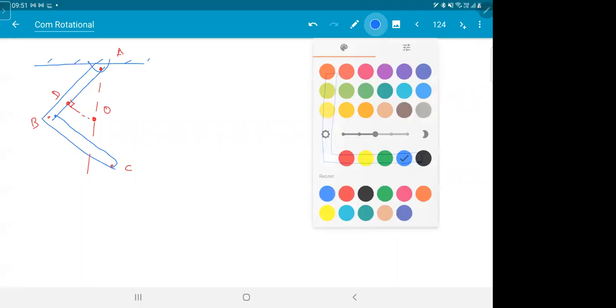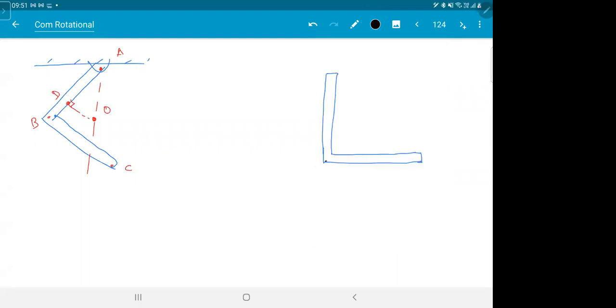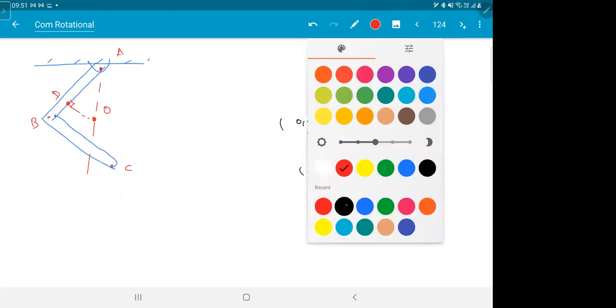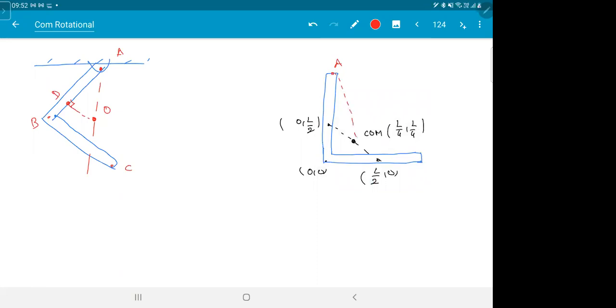So where is the center of mass? If this is 0, 0, this rod's center of mass is L by 2, 0. This rod's center of mass is 0, L by 2. So the midpoint of these two is the center of mass. Agreed with this point? That is how you find the center of mass. The center of mass of each rod will give you the center of mass. That will be L by 4, L by 4. So this point was A. This angle was theta, so this angle was theta. Drop a perpendicular, this point was D.